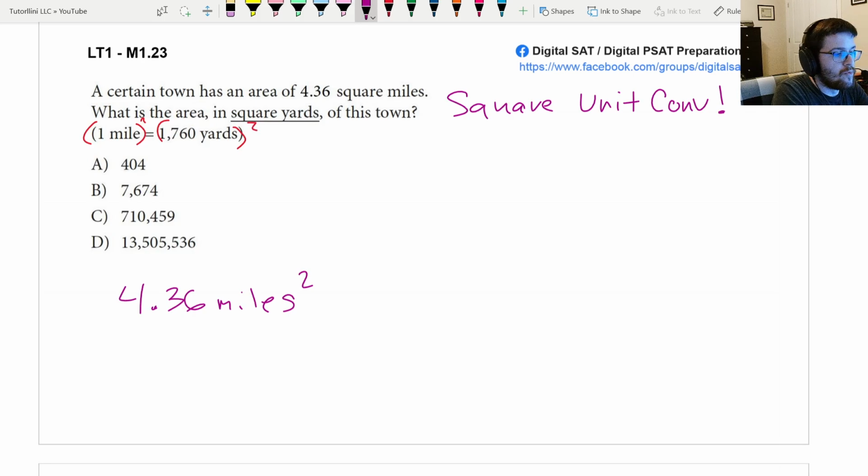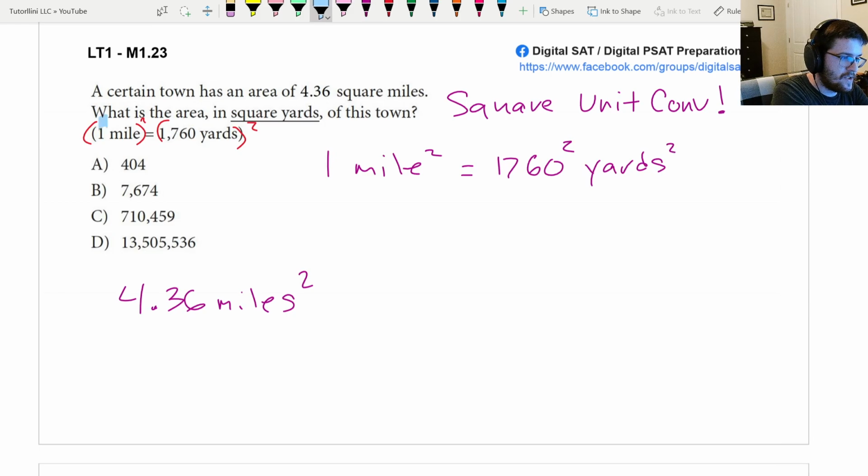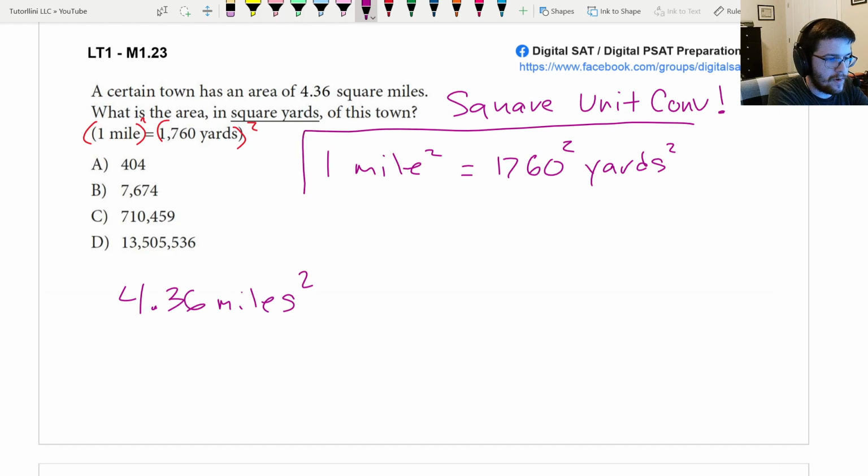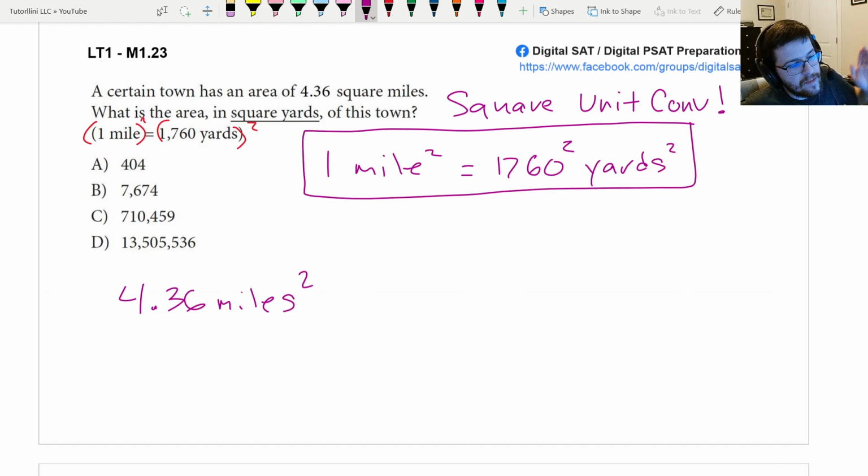Now we can distribute. 1 squared is just 1, so we get 1 mile squared is equal to 1760 squared yards squared. So see how we're squaring both the number and the unit. So make sure you do that. Again, 1 squared is just 1, so I don't need to write 1 squared. You could type in 1760 squared if you want before you continue, but honestly, it's probably just going to be more work. So many people would have just used the original conversion factor and they would have got it wrong.